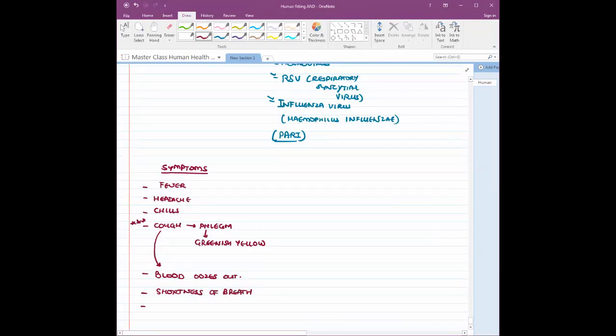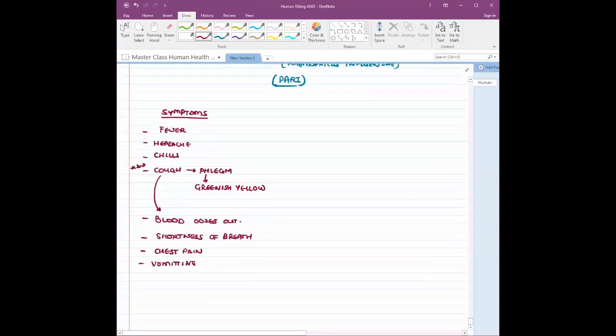Then we are going to have chest pain. Then we are going to see nausea, vomiting, intestinal discomfort. However, intestinal discomfort is not that much, but I'm just giving it out to you, just keep it in mind, in brackets.